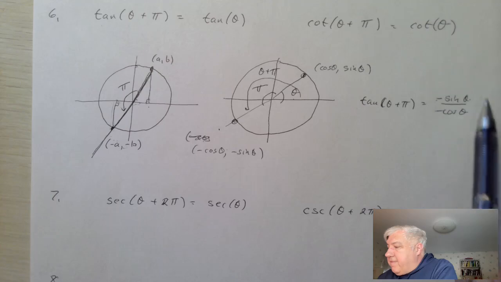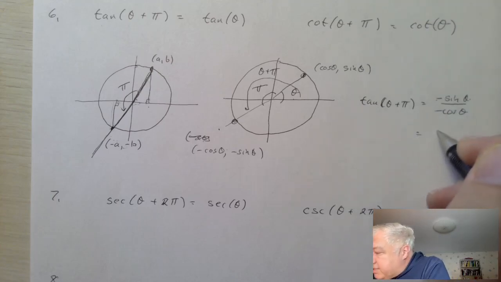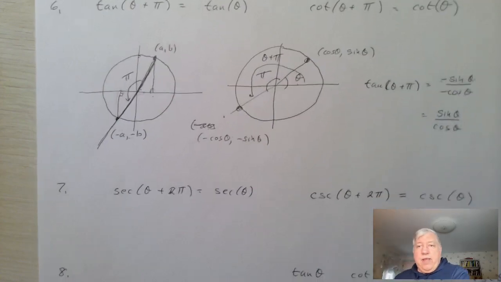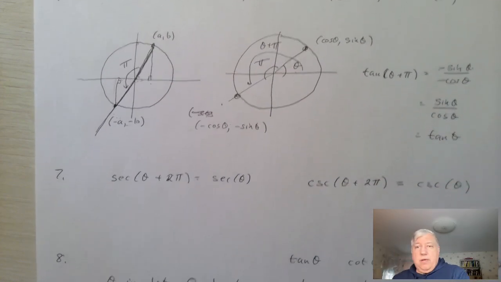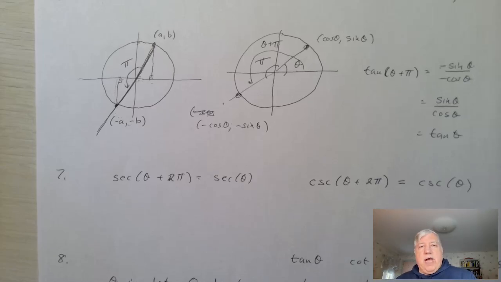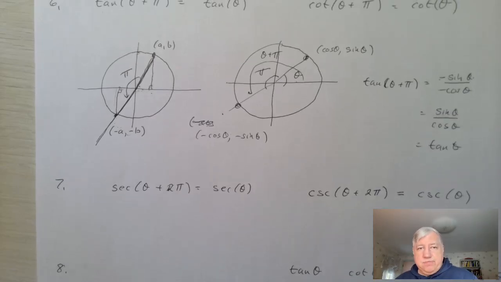So we divide these, but the minus signs cancel out, and this is just going to be the tangent of theta. So that's why that works out.